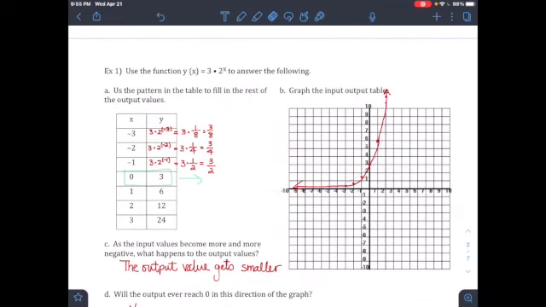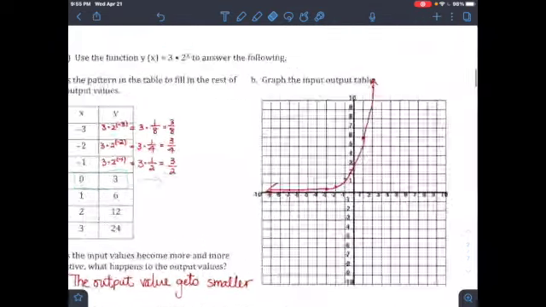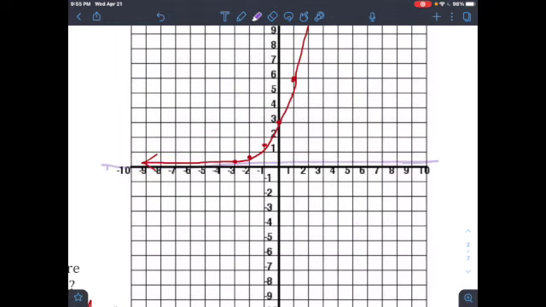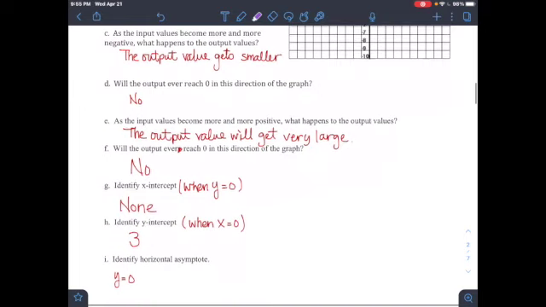That's a horizontal asymptote. It would never touch it, okay? In this case, that's going to be y equals 0, because it's this line right here. See, it will approach this line, but it will never cross it because it will never be able to get to 0. So that's why the horizontal asymptote is y equals 0.